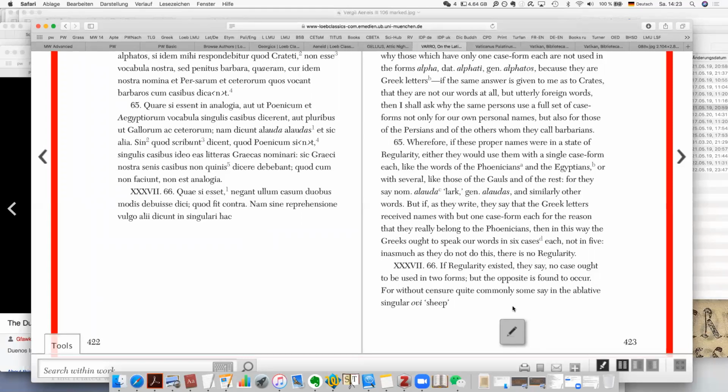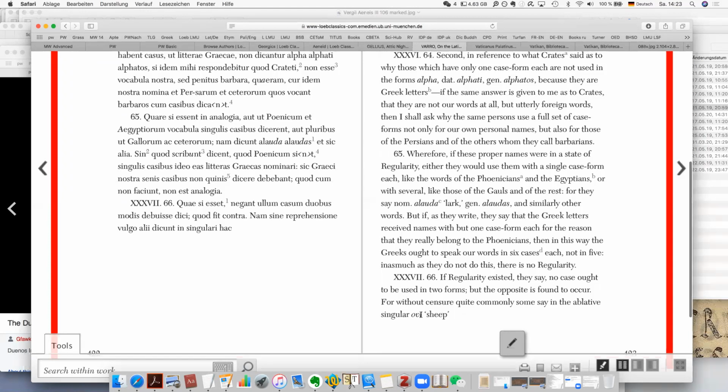You cannot say that this one is right, another one is also right, we can use both. Strictly speaking, for a specific case, you use a specific form. But the opposite is found to occur.